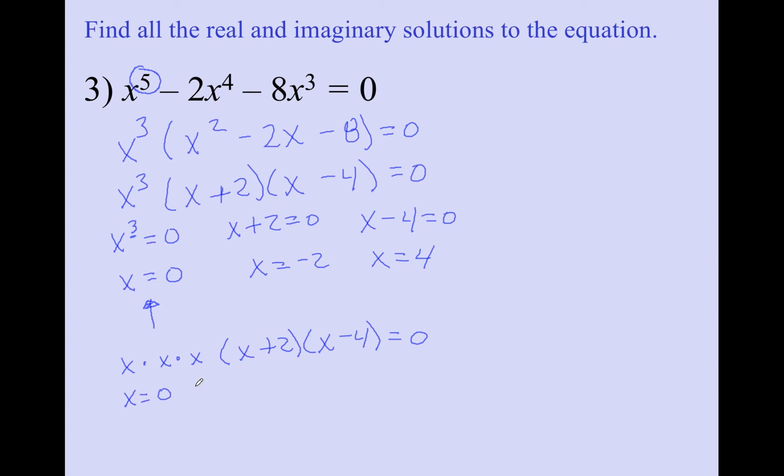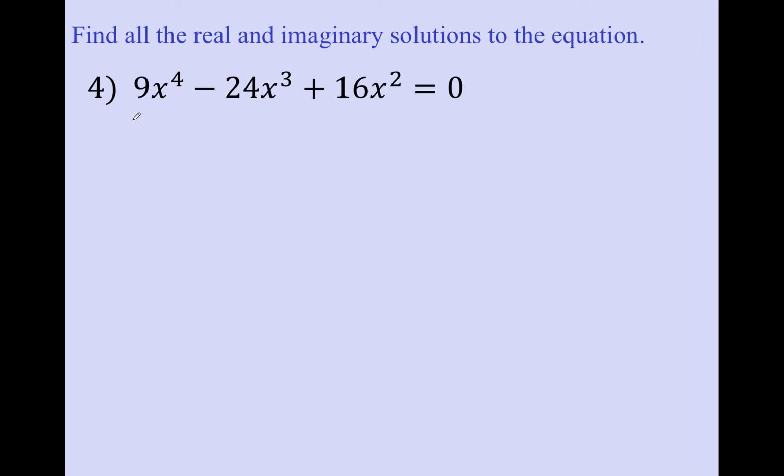X equals 0, x plus 2 equals 0, x minus 4 equals 0. This happened 3 times, but we're not going to write it out 3 times, okay? We're just going to use 1. 0, -2, and 4. So we do have 5 answers, but the one answer repeats 3 times.